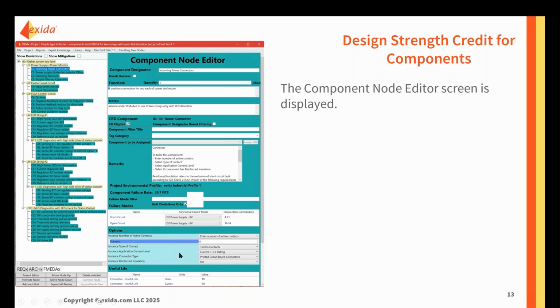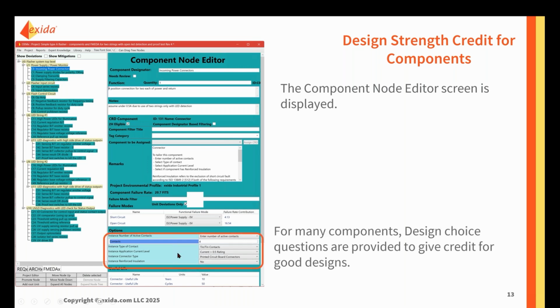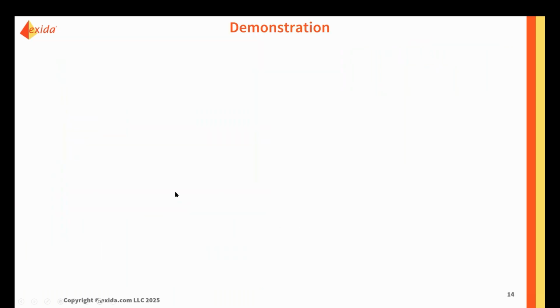What's this down here? Well, for many components, the design choice questions are provided to give the credit for good designs. I'll go through this example later, but I wanted to give you a preview of what we were doing. What I want you to remember right now is the current design selection has a failure rate of 20.7 fits. Now, let's go and do a demo.